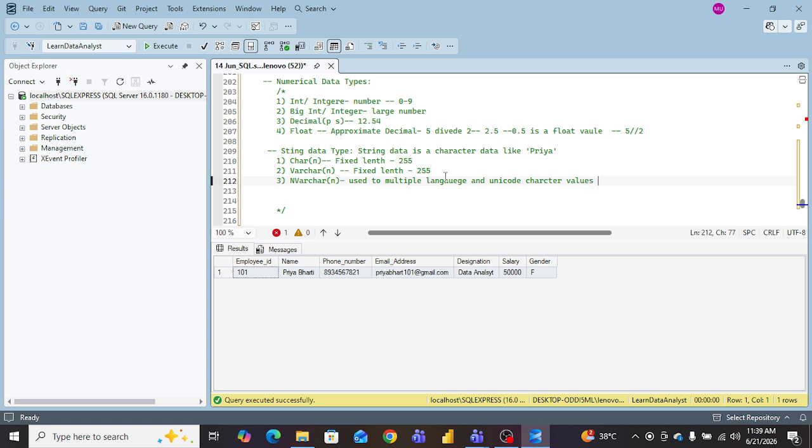Okay. Am I right? The variable length text supports our languages. It's Unicode, and the max length limit is 4,000 characters. And secondly, it supports multiple languages.